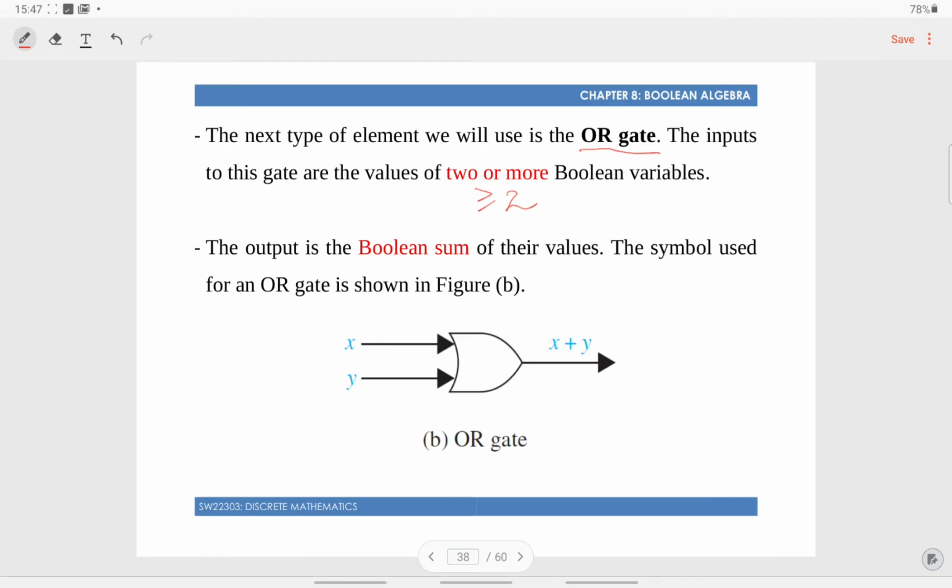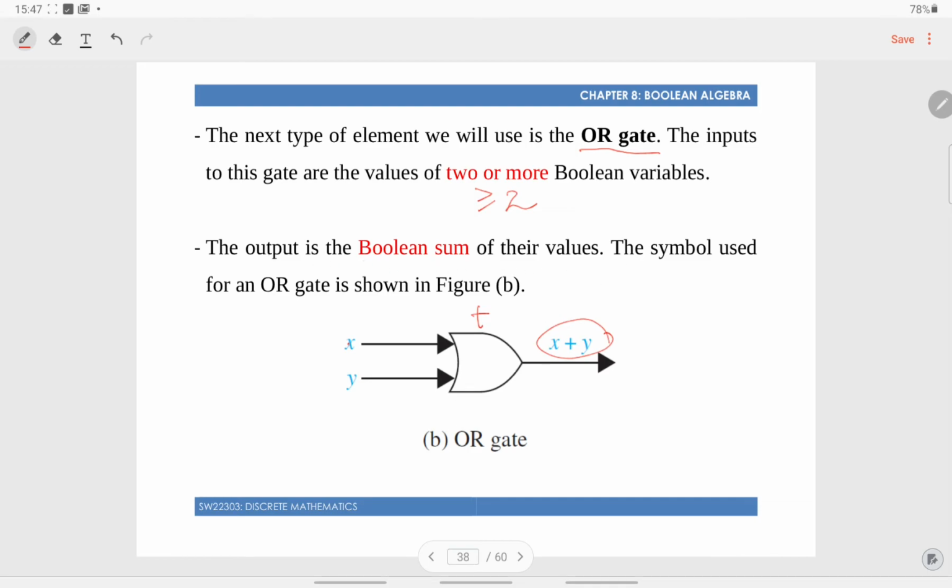The output is the Boolean sum. If we have x and y, the output is x plus y. If we have three inputs, x, y, and z, the output is x plus y plus z. For the OR gate, the operation is Boolean sum.